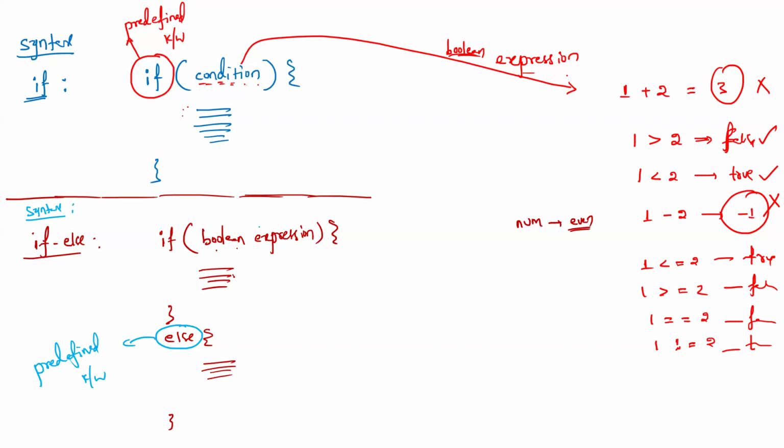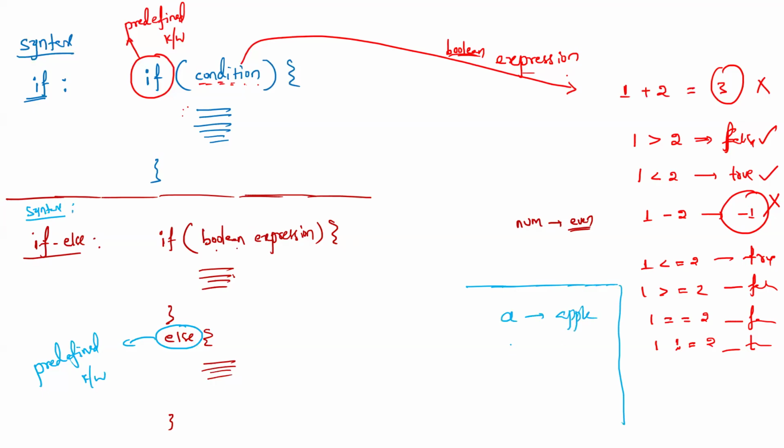Then in some other requirements, there will be multiple things to be checked. For example, if the letter is A, print apple.